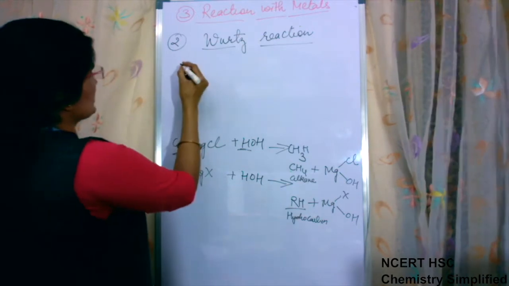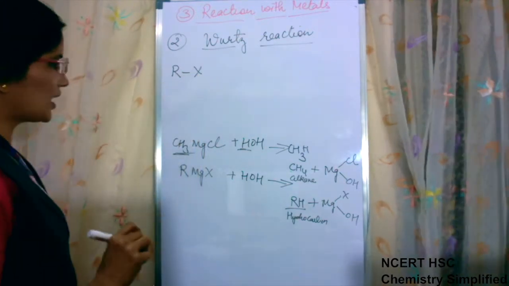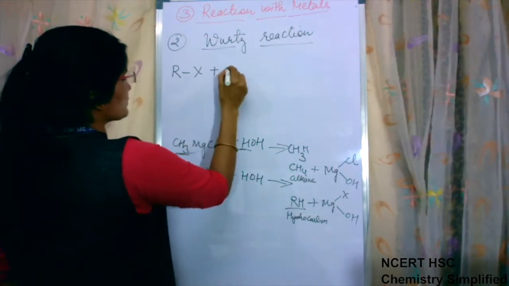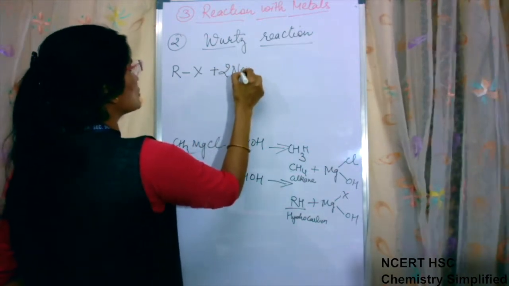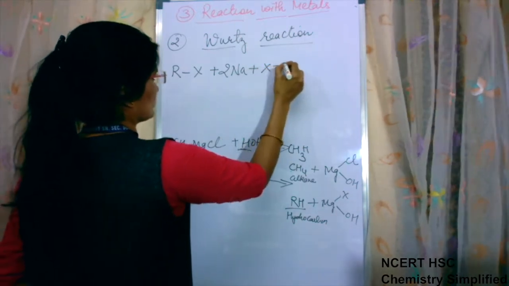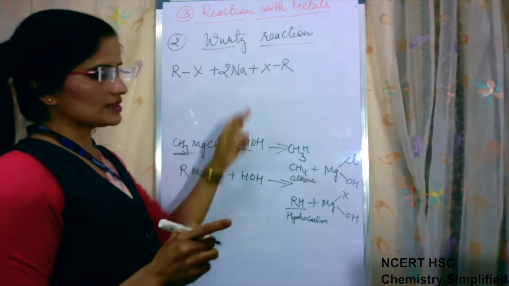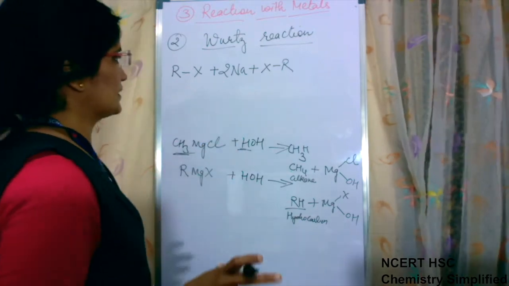What Wurtz reaction says: when alkyl halide molecule RX reacts with two atoms of sodium, we have to take two molecules of RX. They may be same, they may be different.